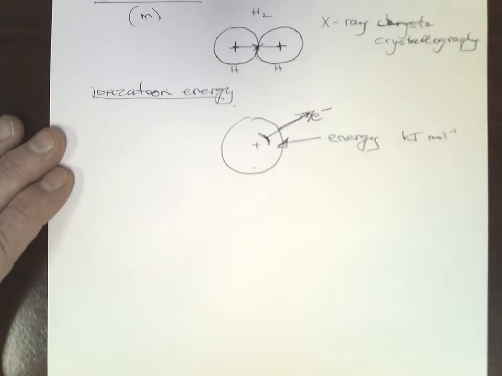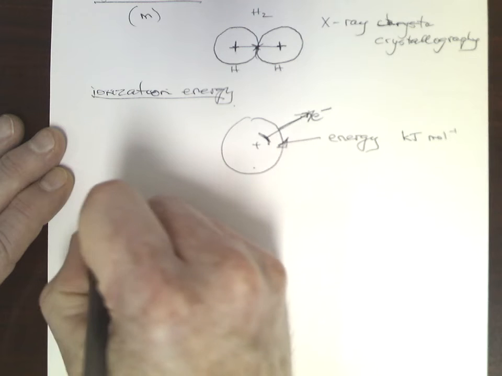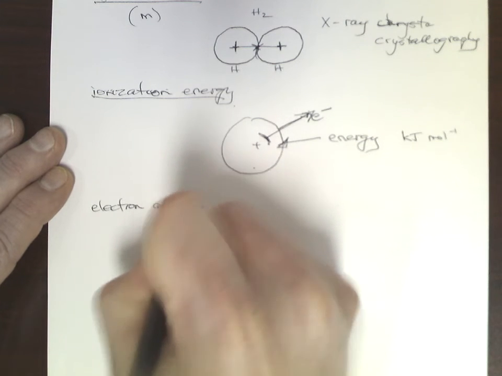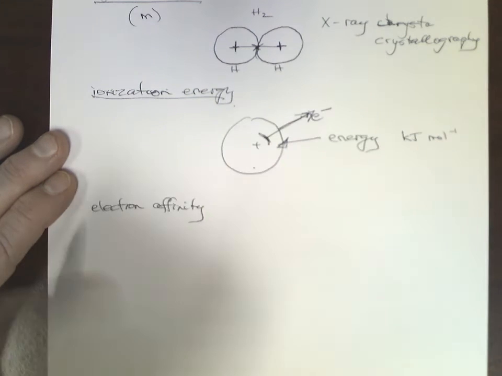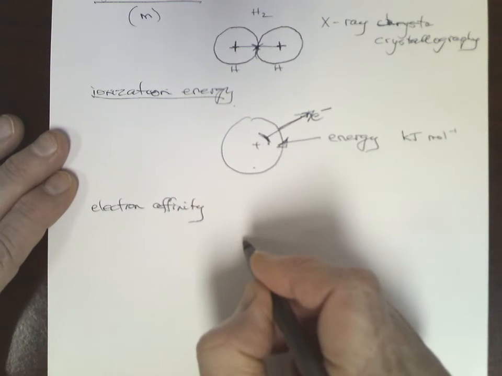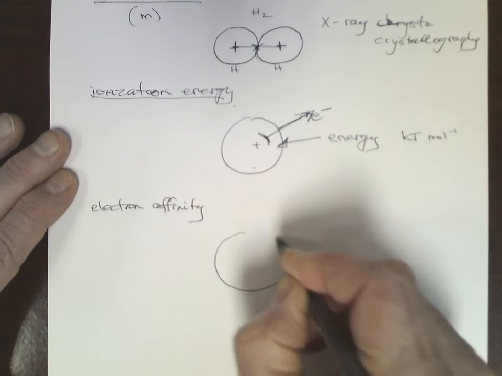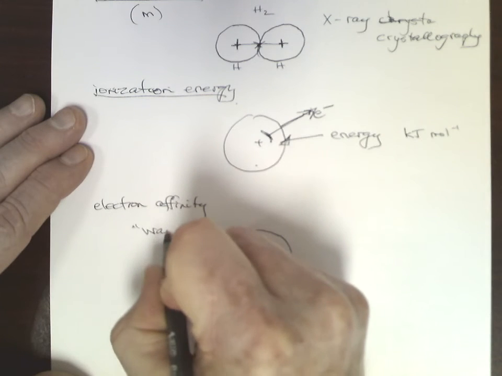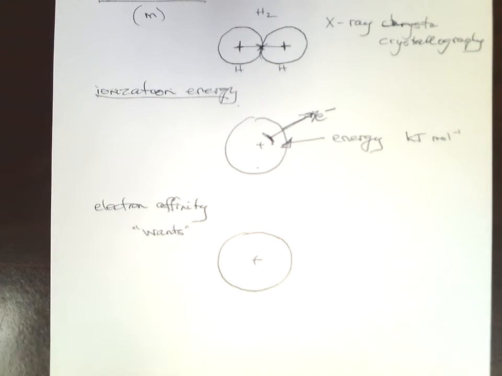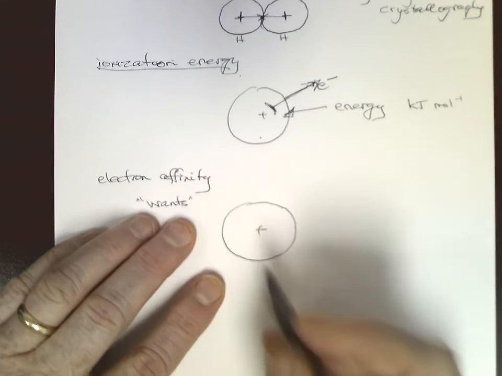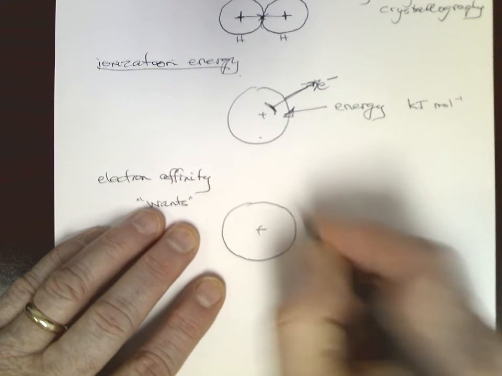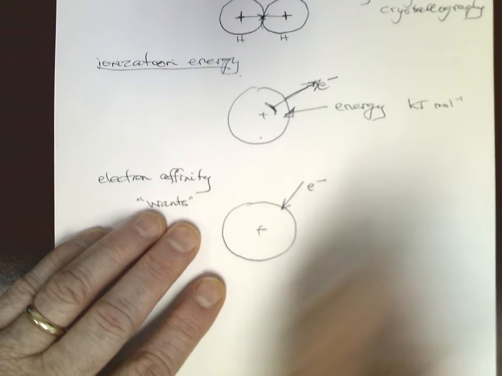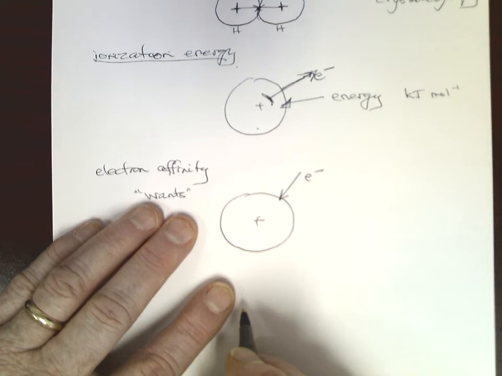Now, something that is exactly the opposite is electron affinity. It is the exact opposite of ionization energy. In electron affinity, the atom wants to, and let's be careful about wants, it doesn't want anything, but we use that term. The atom would prefer to take an electron. So it's like, oh, I'm going to buy that electron.